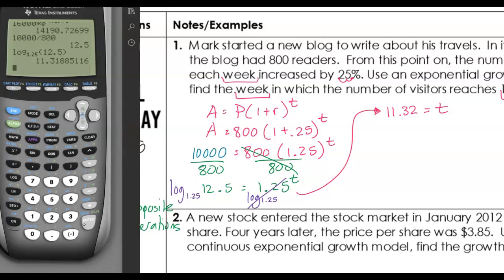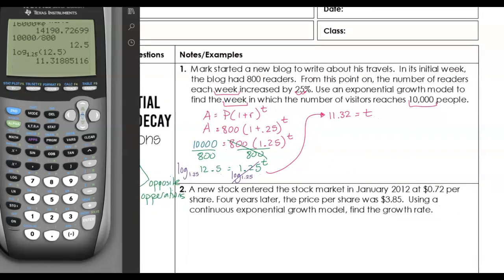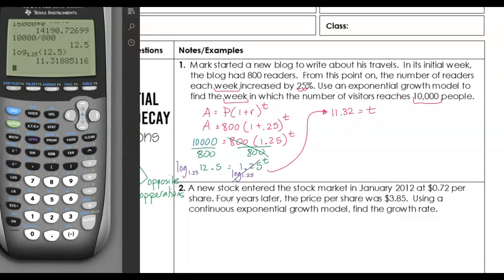Now, it's asking how many weeks it will take to reach 10,000 people. What should be your answer?